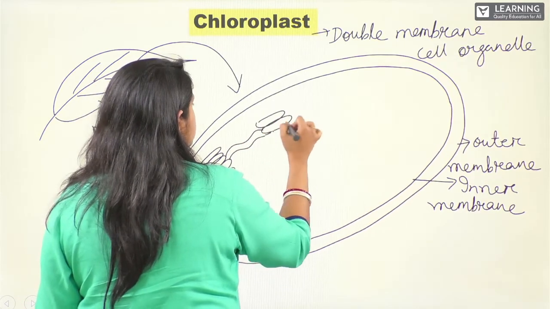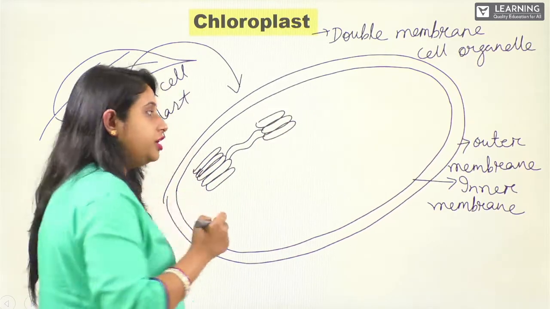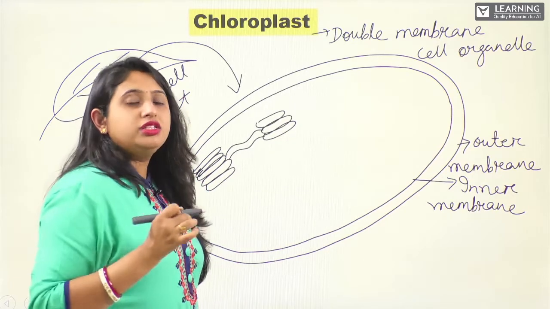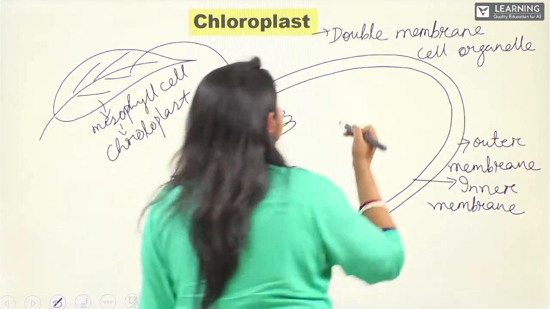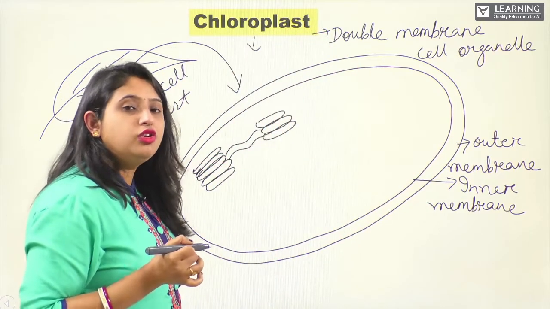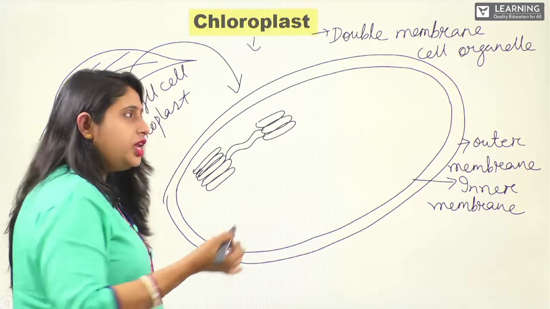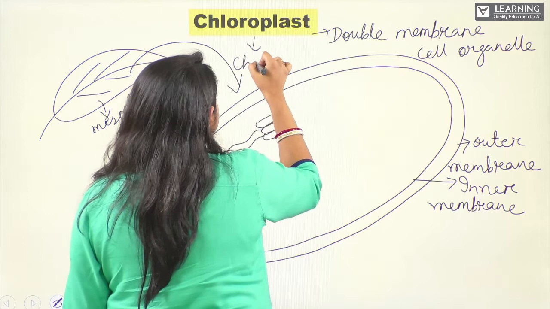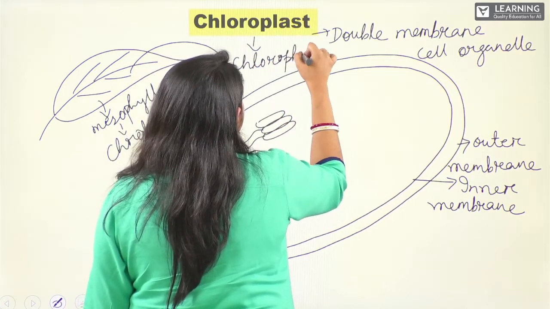They are responsible for the light reaction in the plant. What pigment does the chloroplast contain? The green color pigment present in the chloroplast is called chlorophyll, right?